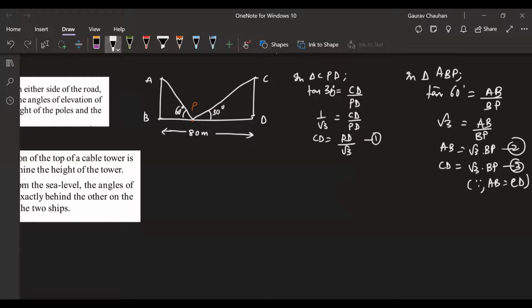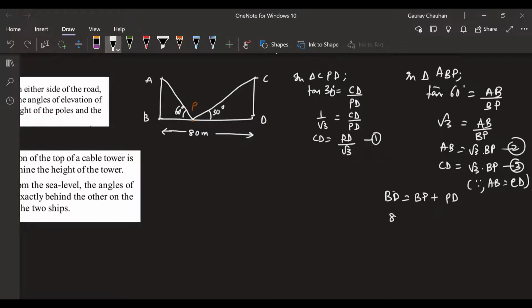Then BD is equal to BP plus PD. We know BD is equal to 80 meters.